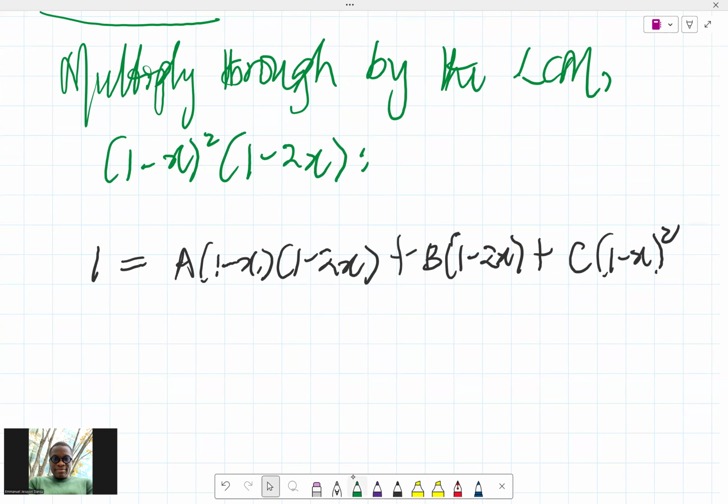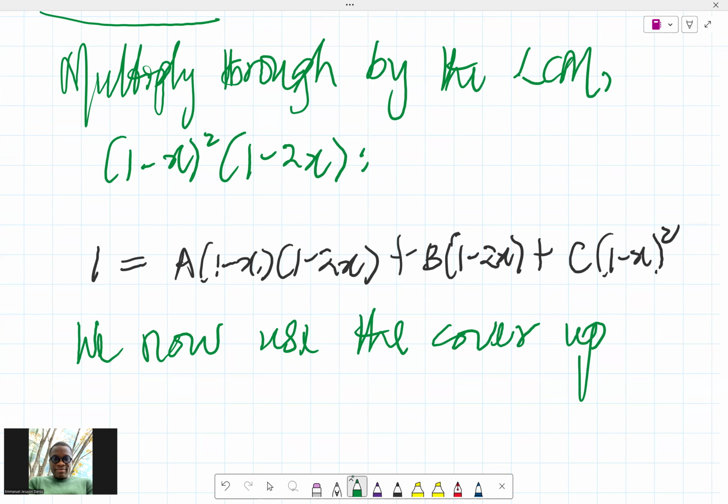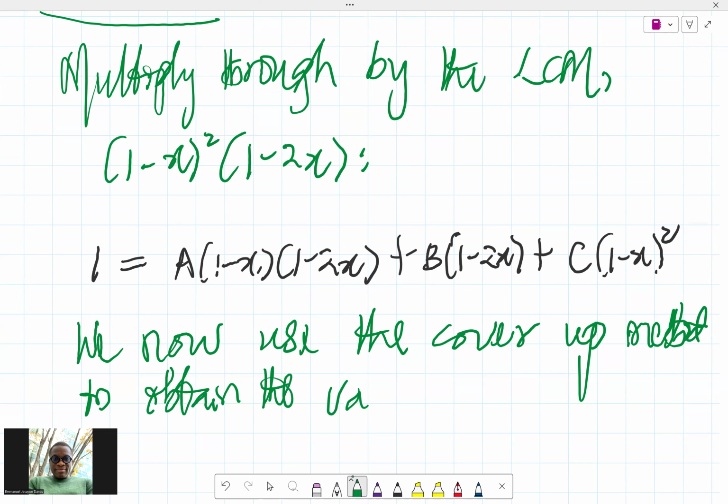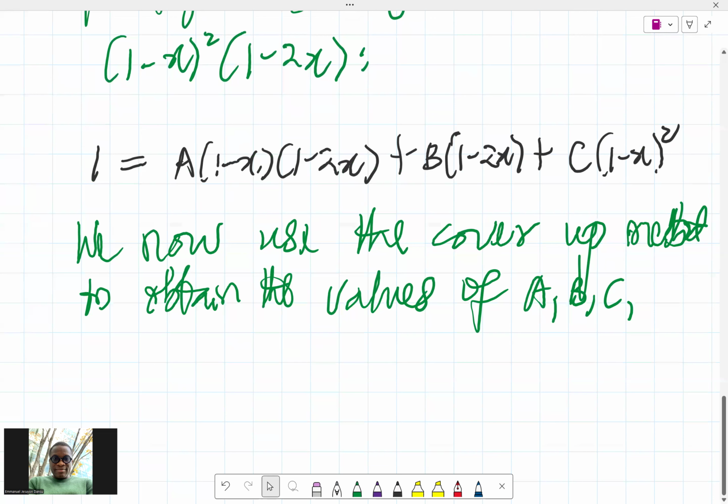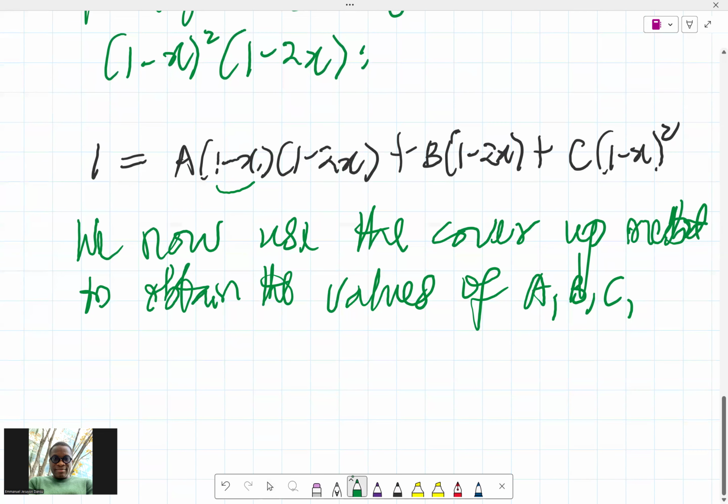So we just use the cover-up method to obtain the values of A, B, and C. The way to do that is this: if you set 1 minus x equals 0, that implies that x is equal to 1.